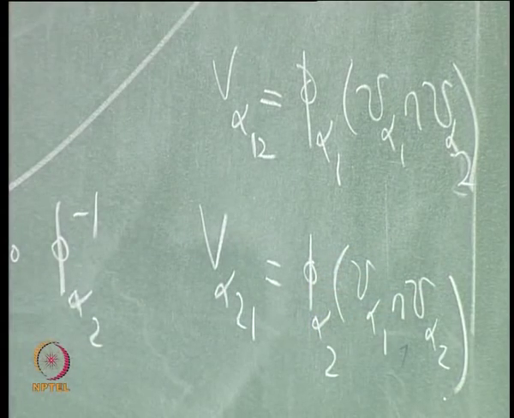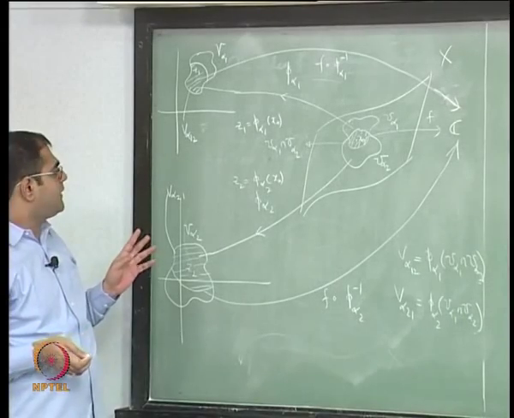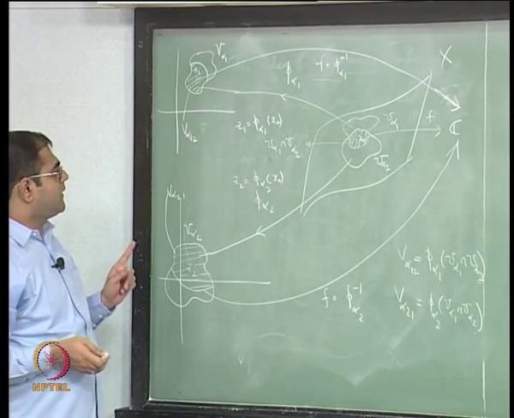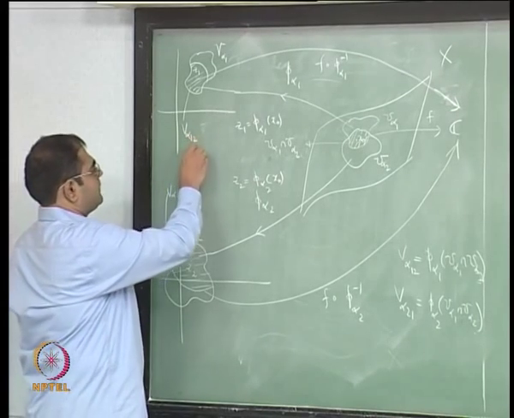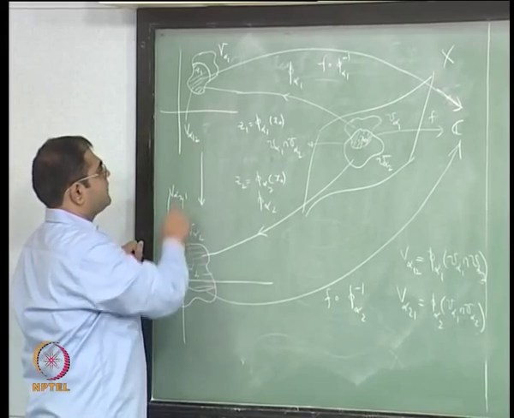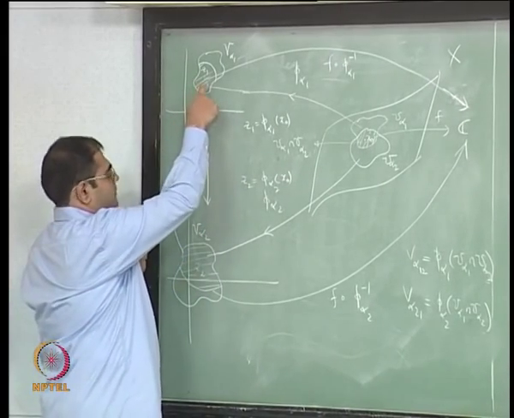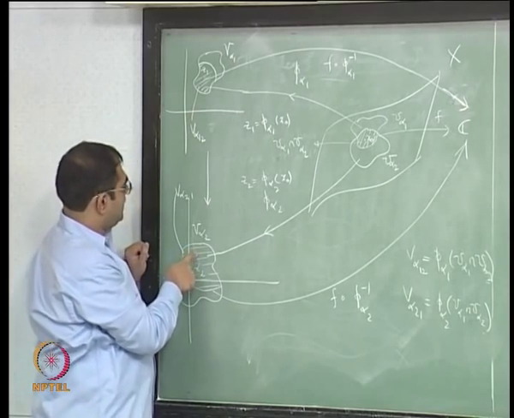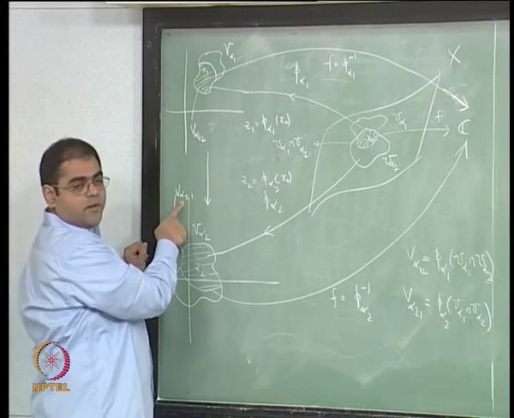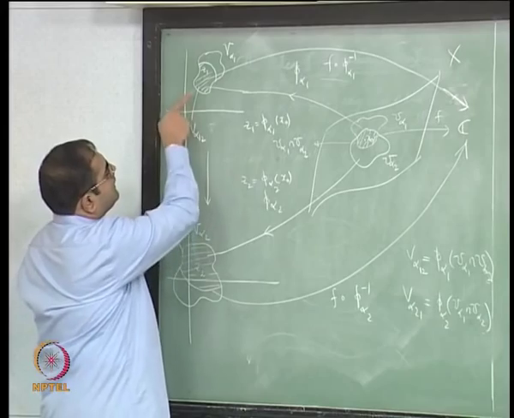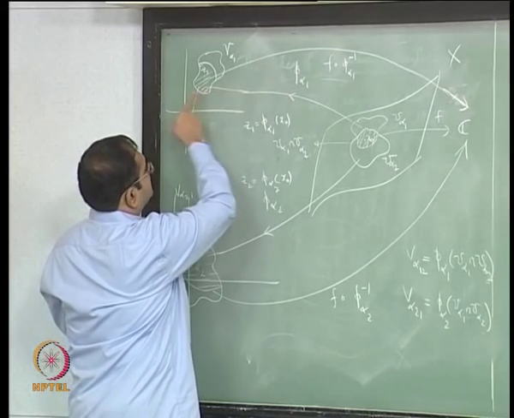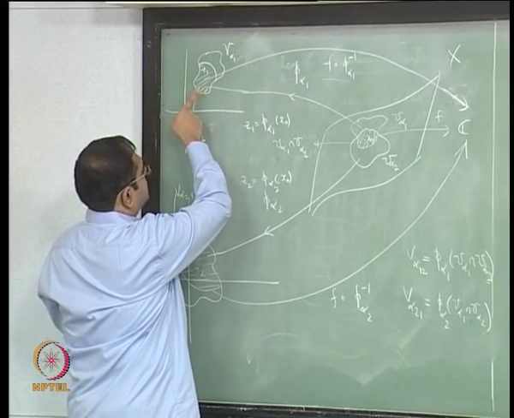Now what I want you to understand is to look at this map from this shaded region to this shaded region, from this open set V alpha 1 2 to this open set V alpha 2 1. How do I get this map?